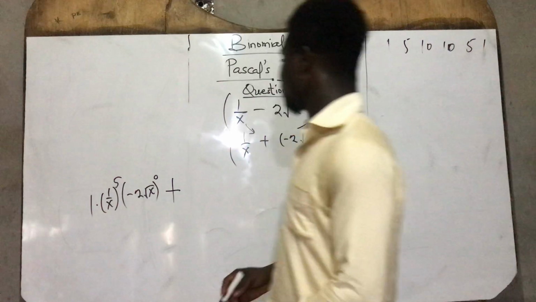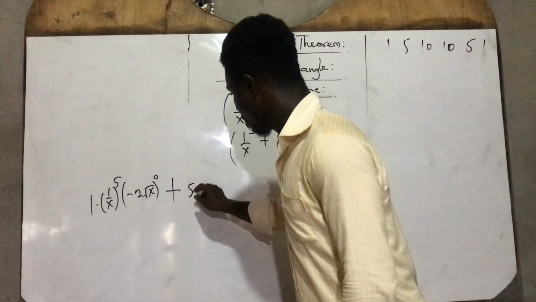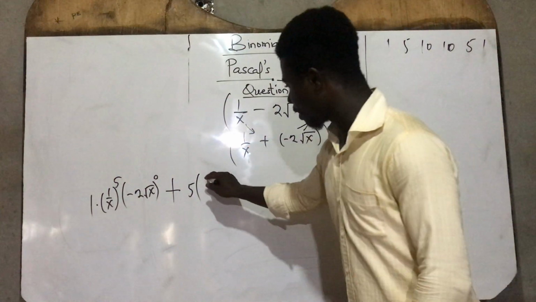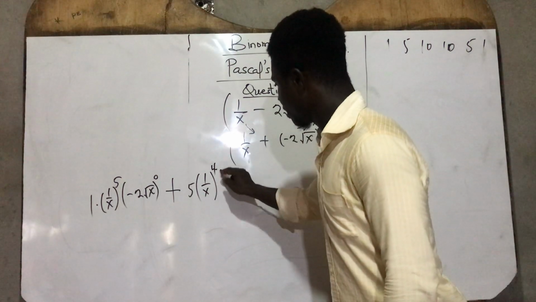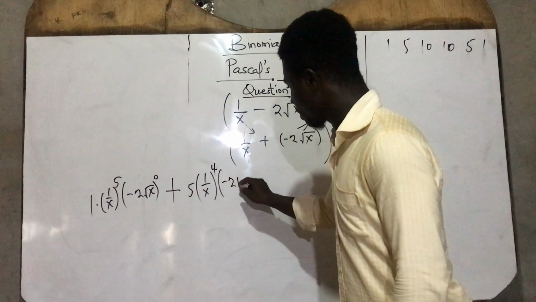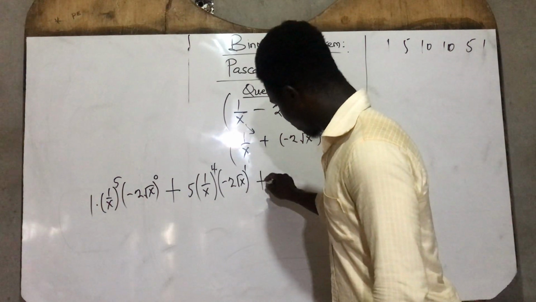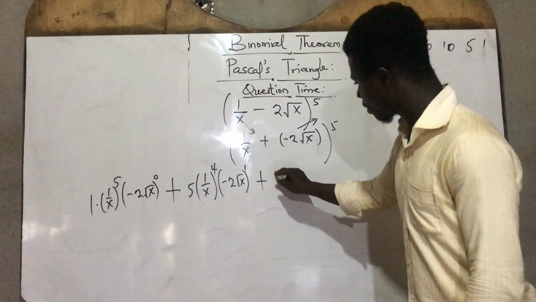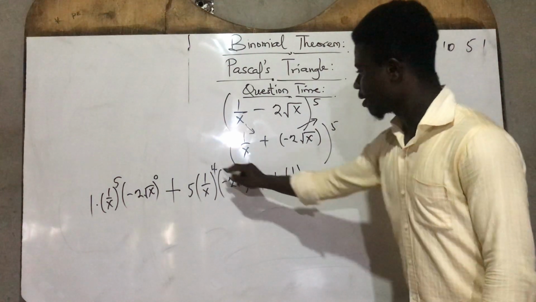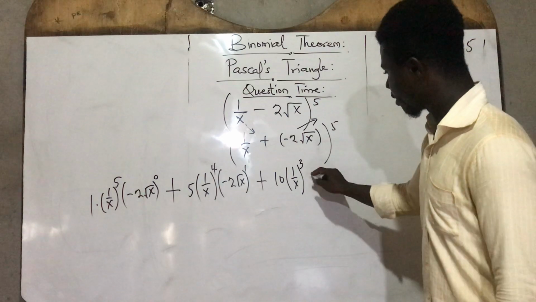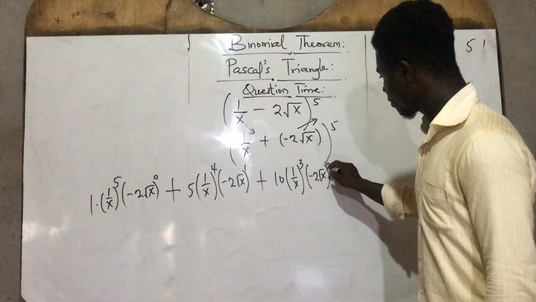Then plus, I move on to the next coefficient, which is 5. So 5 times 1 on x to the power 4, right? Then times minus 2 root x to the power 1. Then plus the next coefficient, which is 10. 10 times 1 on x, it reduces to the power 3, then times minus 2 root x to the power 2.